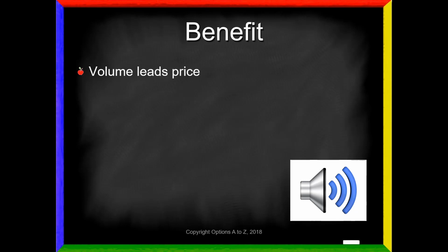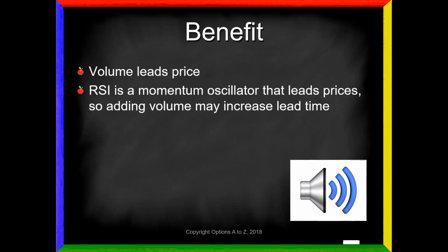So the volume is what pushes prices up and pushes prices down. And because we're accounting for volume, it gives us a little added layer of security with where prices may be heading. So once again, RSI is a momentum oscillator that leads prices, but when we use MFI, we're adding volume so that can actually increase the lead time.